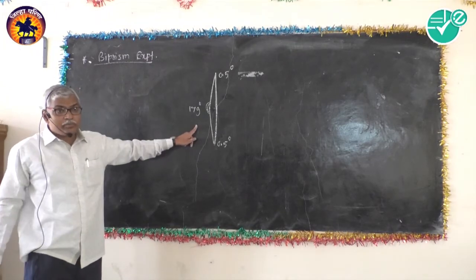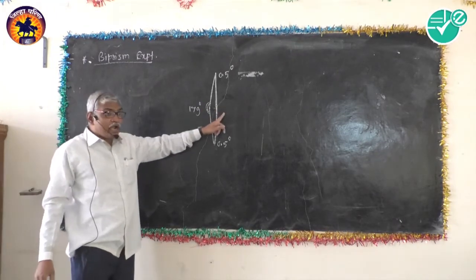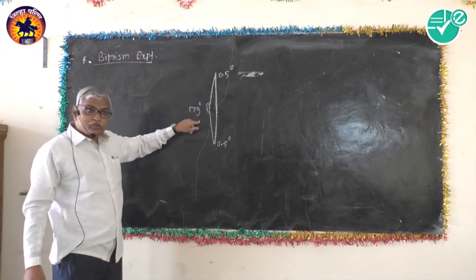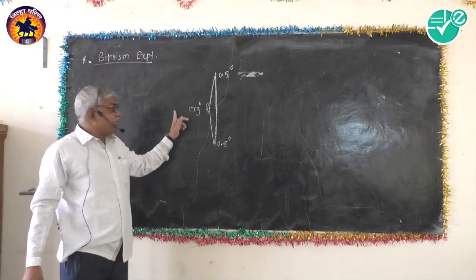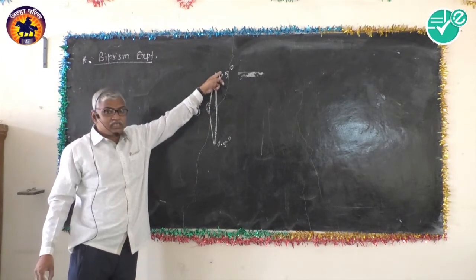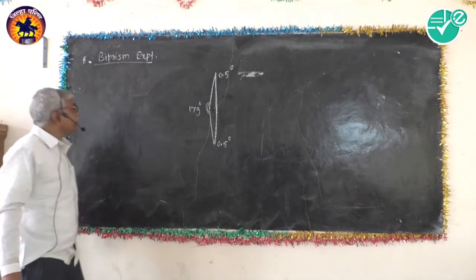This is the biprism. It is made from two identical right angled prisms combined base to base, so that they have a large refracting angle, that is about 179 degree, and remaining each is about 0.5 degree.